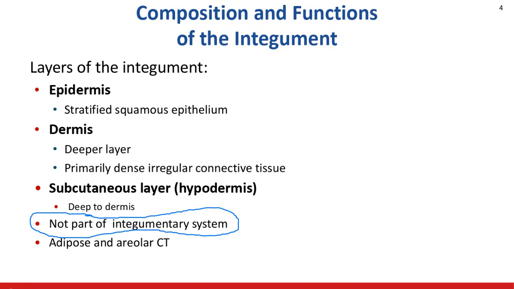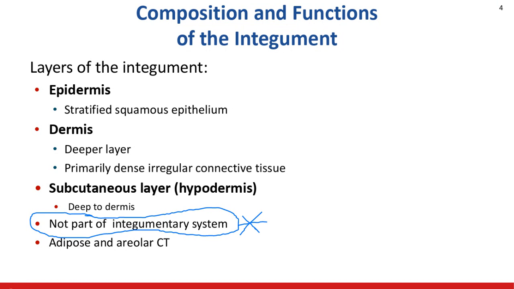We just throw it in here because it's in close approximation to your skin. So the subcutaneous layer, also known as the hypodermis, is not part of the integumentary system. Just make sure. That's a great test question that can be asked. I don't want you to miss that, okay?